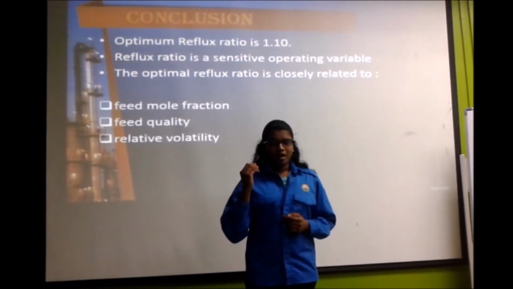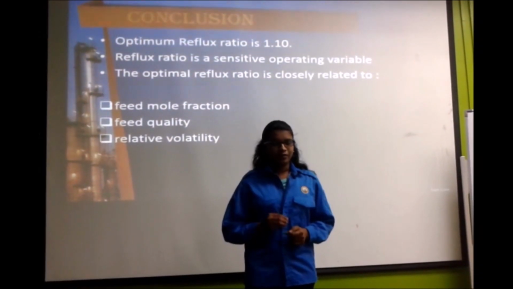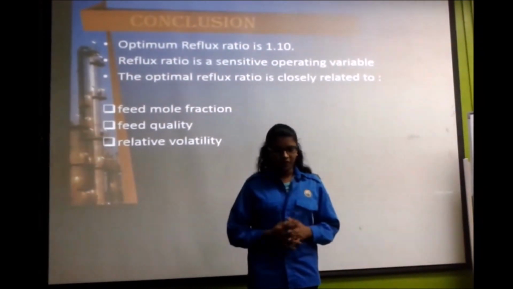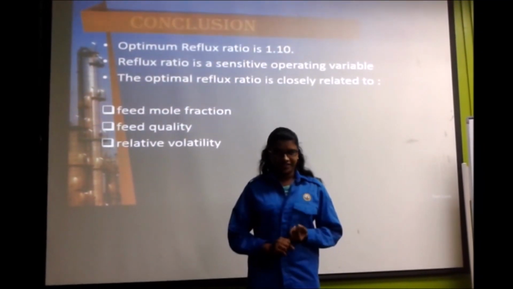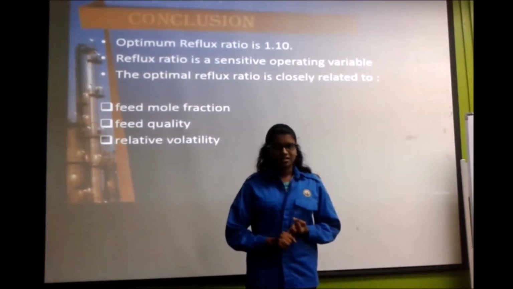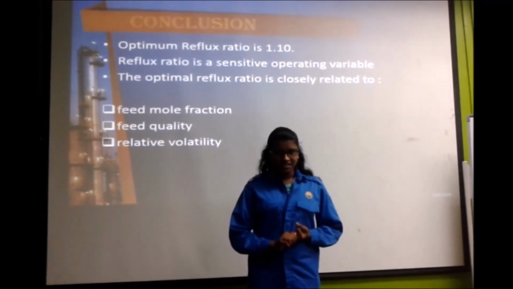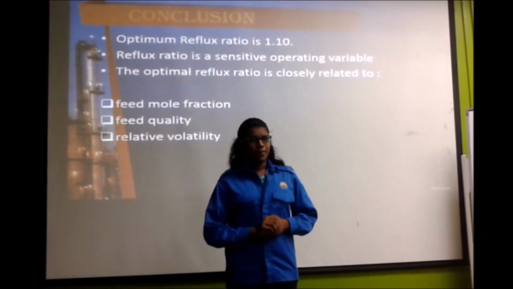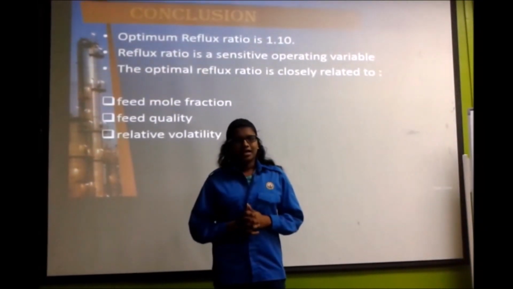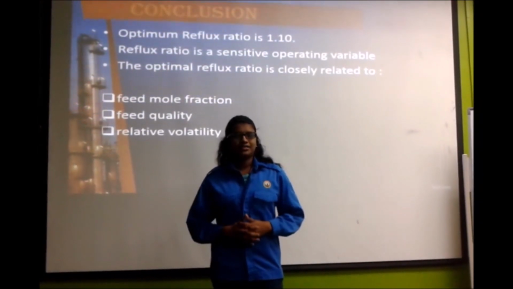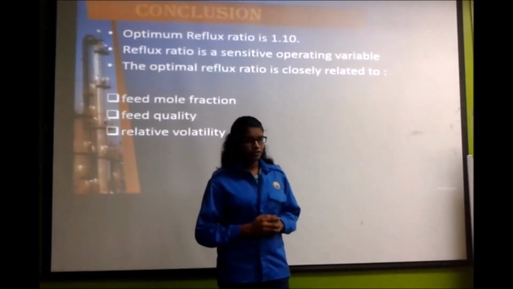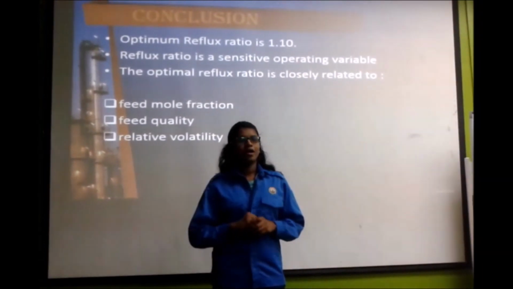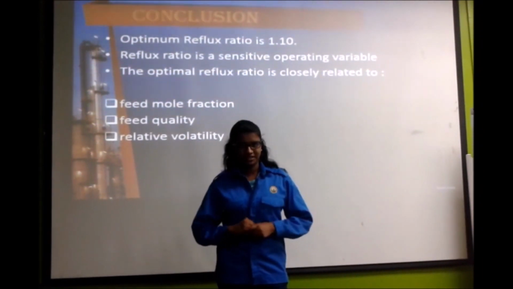The operational variables that would affect the whole process are reflux ratio, number of trays, and number of stages, as well as the relative volatility. So, from our team, we would like to suggest 1.10 as the optimum reflux ratio to obtain a very high purity of propylene, which is 95 mole percentage.